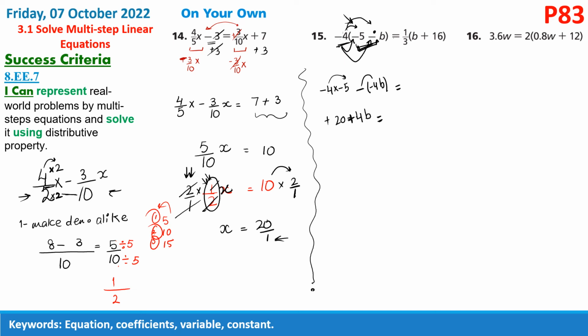Now multiply this times this, that is 1 over 3 times b. Then this times this, that is plus 1 over 3 times 16. Okay, 1 over 3 I write here as it is. Now 1 over 16 times 1 is 16 divided by 3.